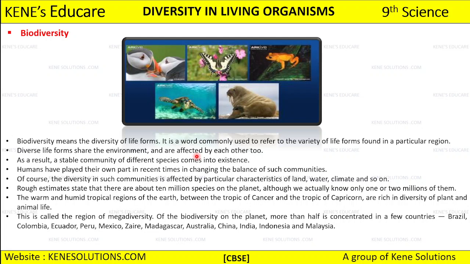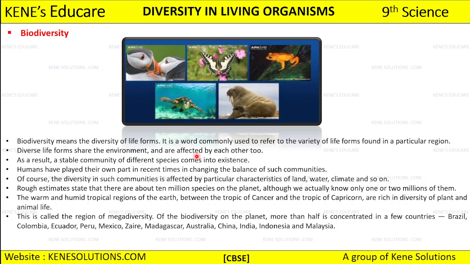Now diversity means variation. So at that specific region, you will see ample different types of animals and different types of plants present. Such a region we call a region of mega diversity.